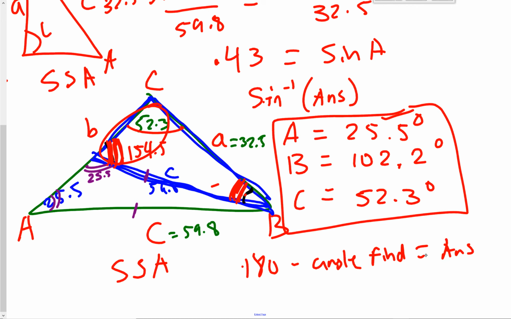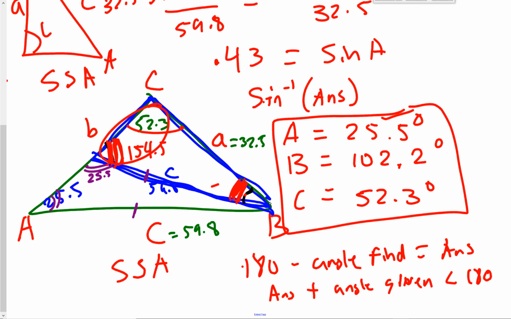So you have some answer there. And then you take that answer plus the angle that you're given and see if it is smaller than 180. If it's smaller than 180, then you have room for that right there. Okay, but this one didn't, so you're just going to have one triangle.